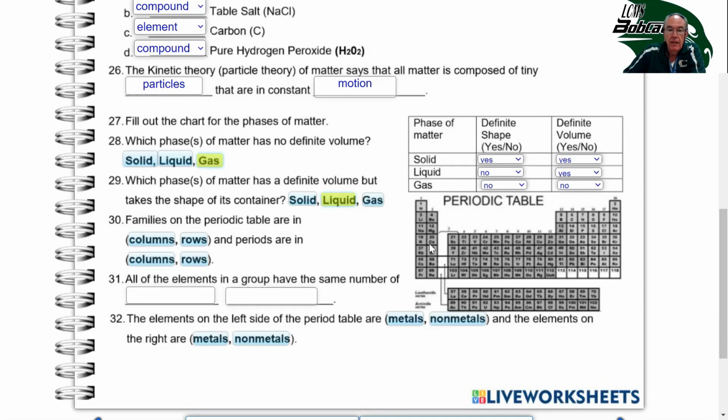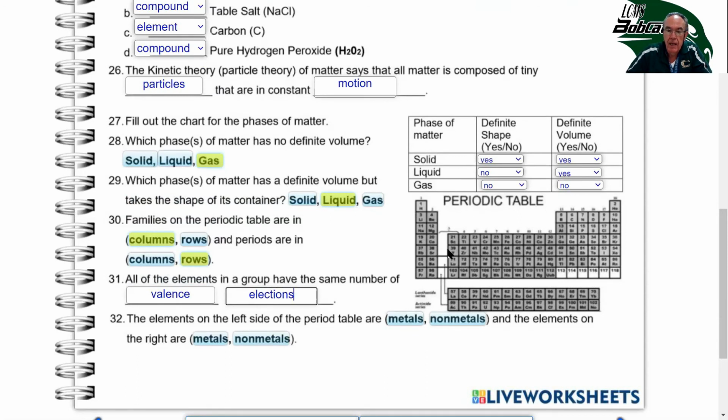Okay. Families on the periodic table are in the columns going up and down, and the periods or energy levels go across in the rows. All the elements in a group, which is a family or a group, have the same number of valence, those outside electrons.